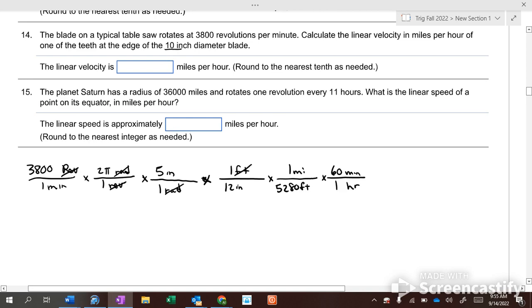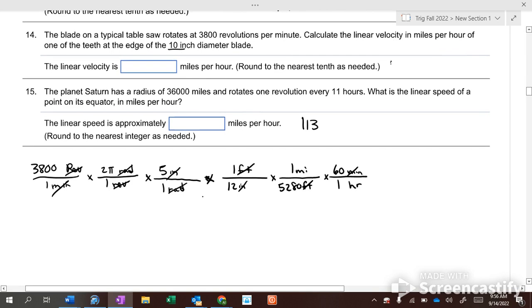So feet cancels with feet, inches cancels with inches, minutes cancels with minutes, and I have miles per hour. So you take 3,800 times 2 times pi times 5 times 60, hit equals, divided by 12, hit equals, divided by 5280, hit equals. And I bet it's going over 100 miles an hour, isn't it? 113 miles an hour. Whoop, we're up here.